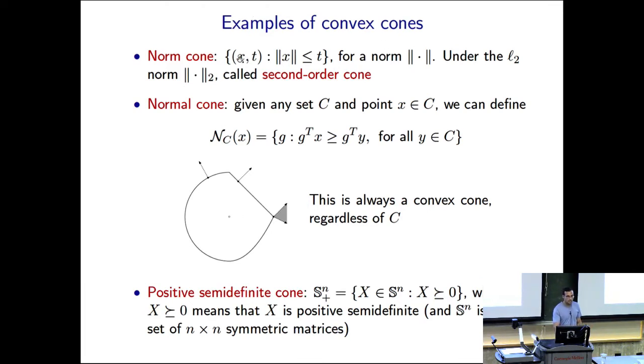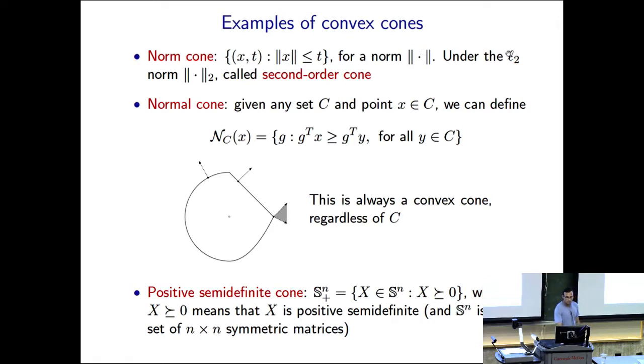So let's suppose x is n-dimensional, t is a non-negative real, then this set is n plus 1 dimensional, the set of all x, t that satisfy norm of x less than or equal to t. That's a convex cone, something that you can prove right from the definition.